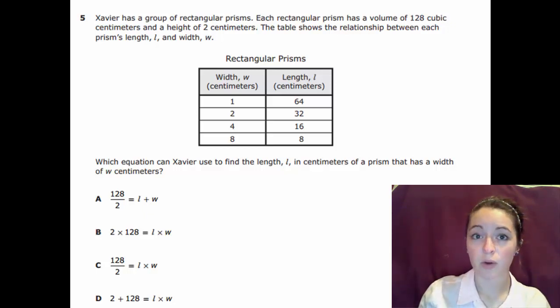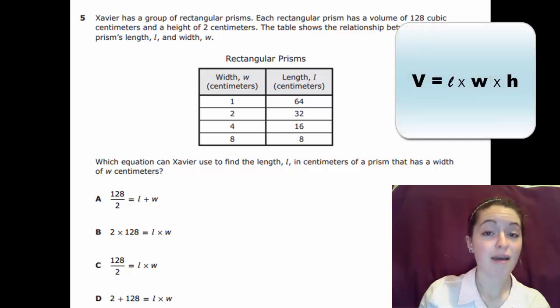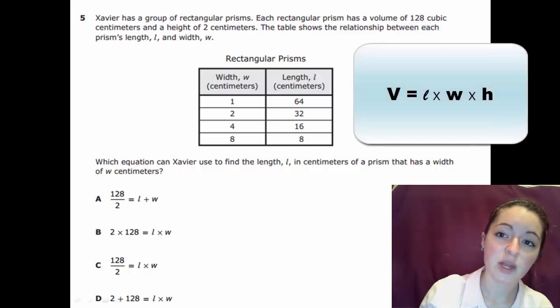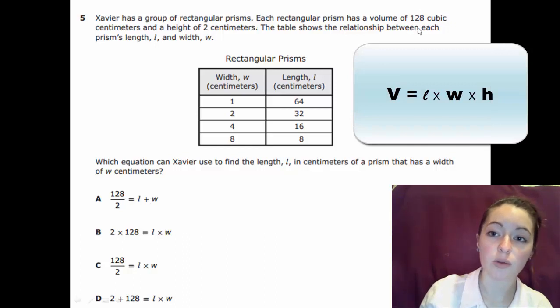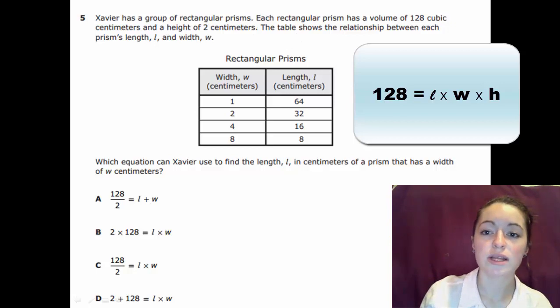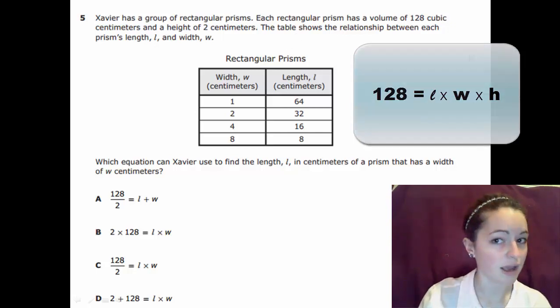What's the first step? Well, we have to go back to our equation for volume. Volume equals length times width times height. So, let's write that out, and then let's fill in what we know. We know the volume is 128 cubic centimeters, so let's fill that in for V. And we also know that the height is 2 centimeters, so let's fill that in for the height.